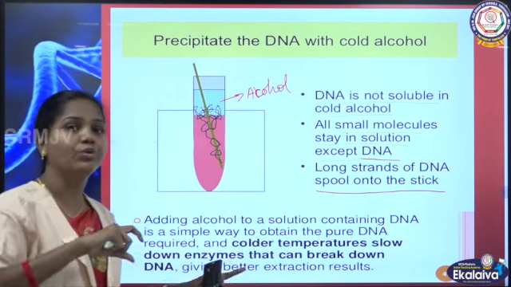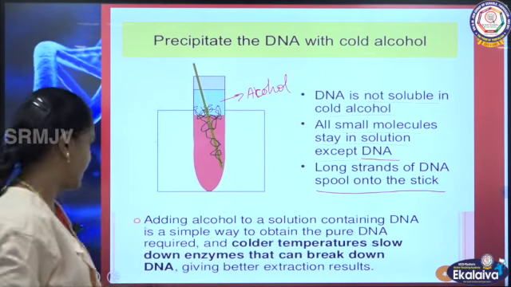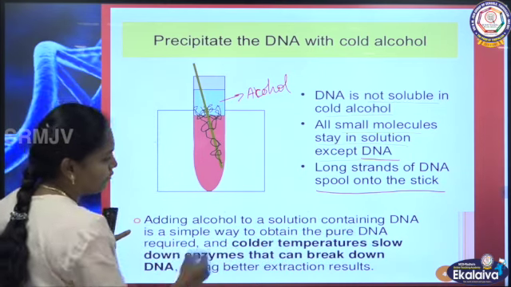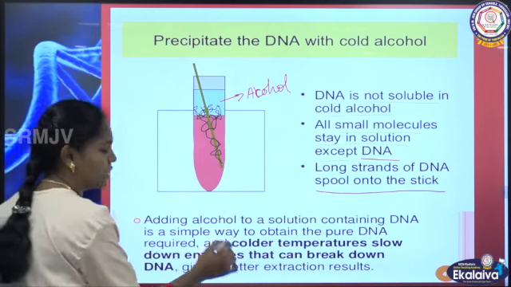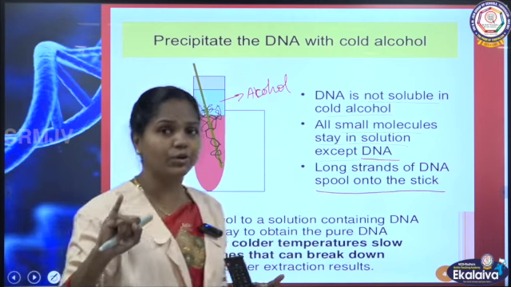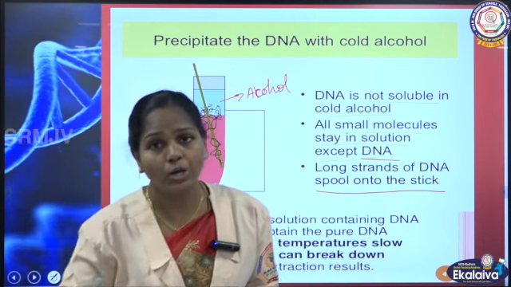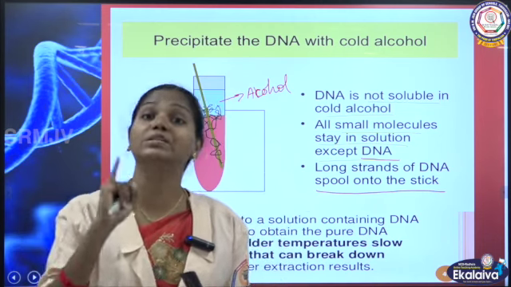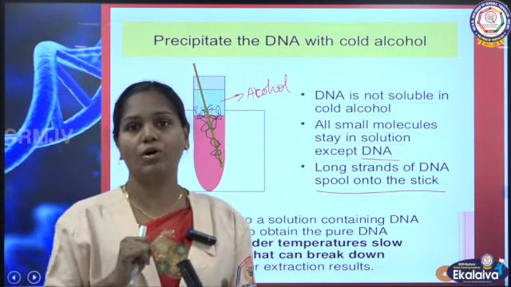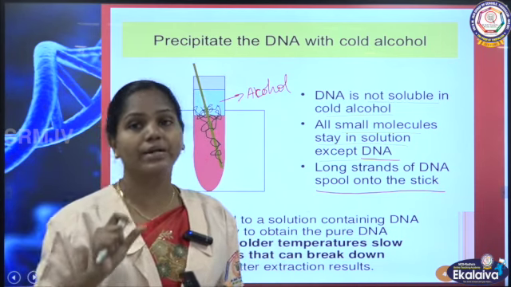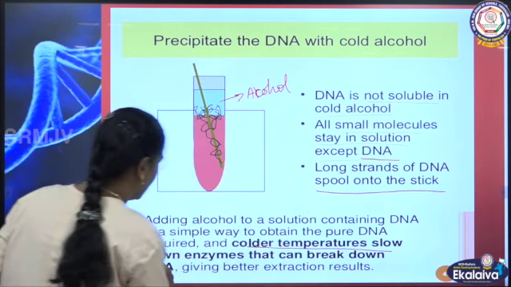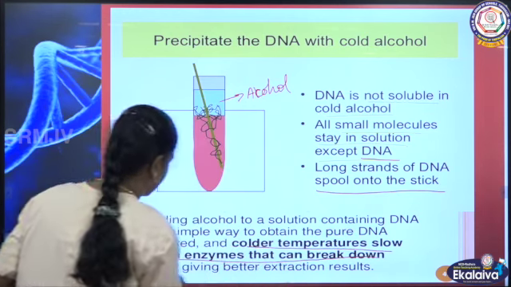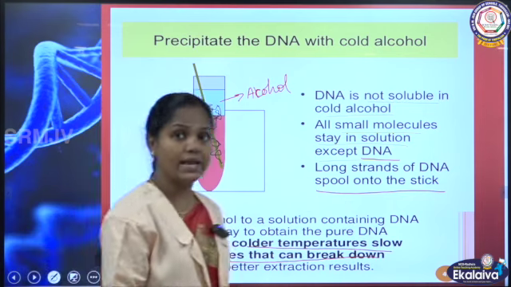I'll show you spooling of DNA. Now, what is the purpose of adding the alcohol solution? One thing I told you is that DNA will not dissolve in that alcohol. And why should it be chilled ethanol? The colder temperature slows down the enzymes that can break down DNA.